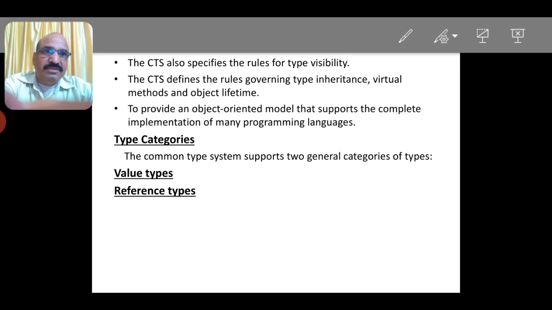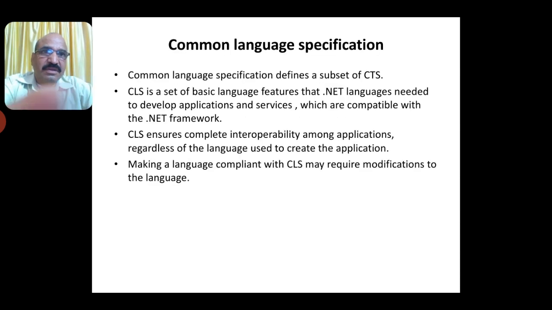Now, what is the common language specification? The common language specification defines a subset of CTS. It is a set of basic language features that .NET languages need to develop applications and services which are compatible with the .NET framework.